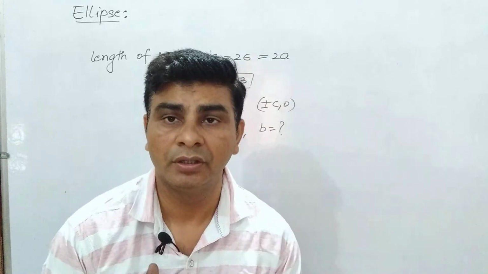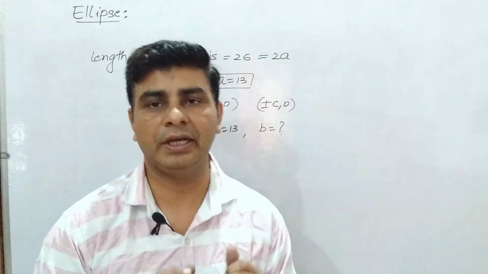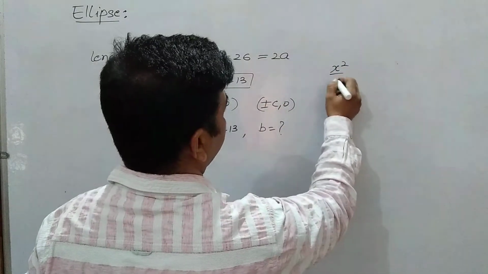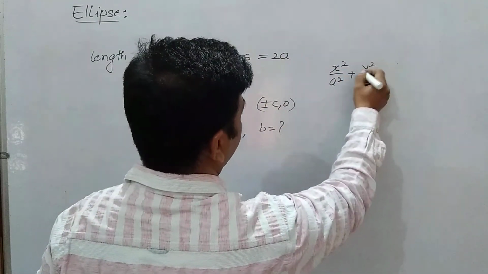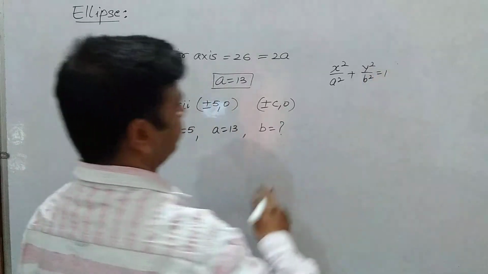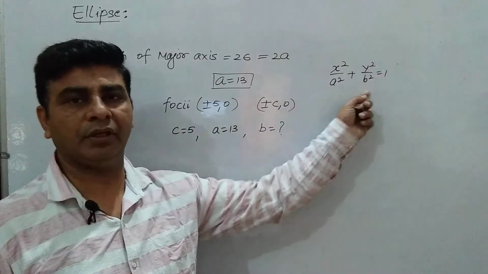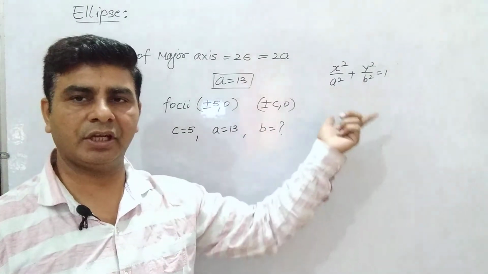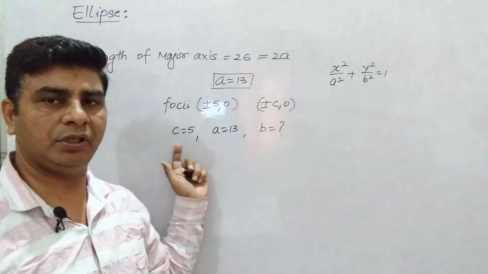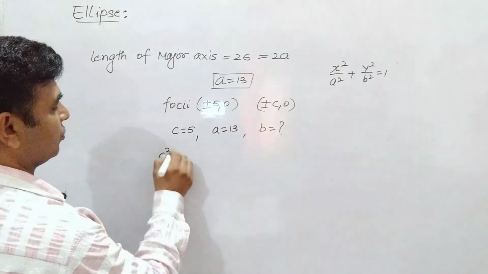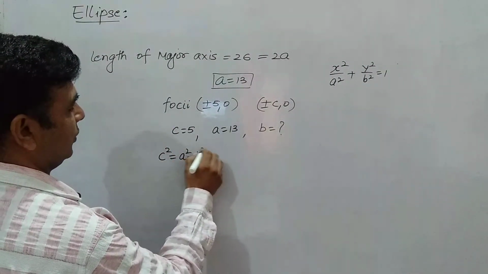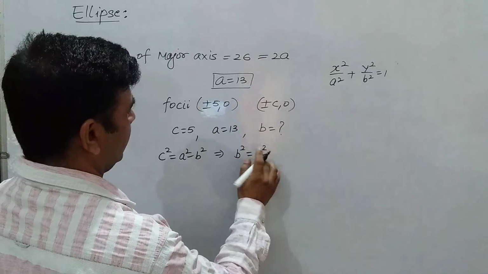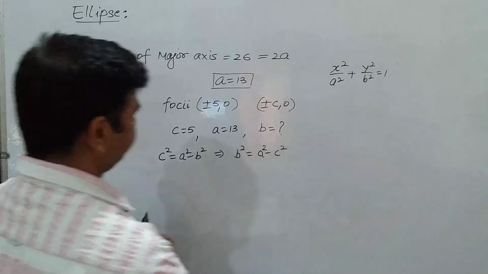This is a horizontal ellipse, and its equation is given by x square by a square plus y square by b square is equal to 1. So we require a and b. a is already there, 13. We need the value of b, and this can be obtained using the value of c, given by c square is equal to a square minus b square, which implies b square is equal to a square minus c square.